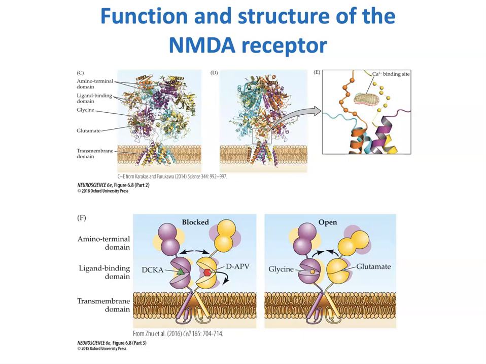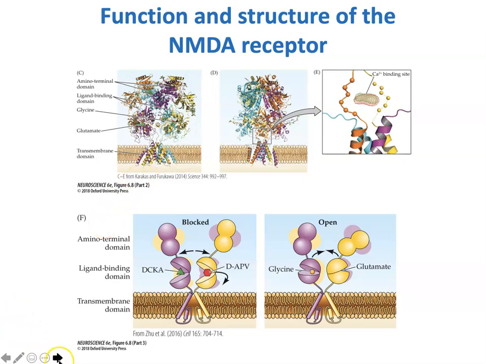Structure-wise, there are 3 different subunits present in the NMDA receptor, the NR1, NR2, and NR3 subunits, that come together to form the channel itself.